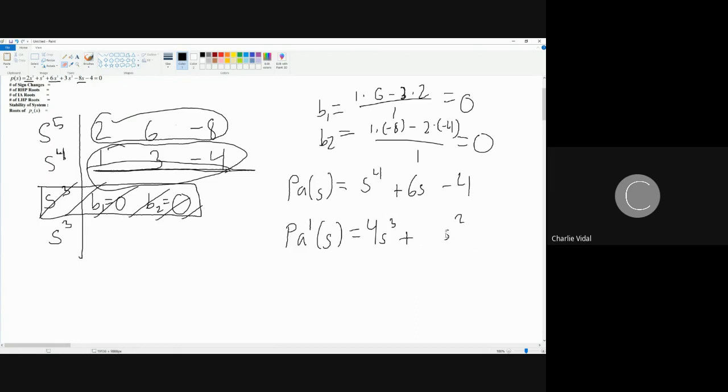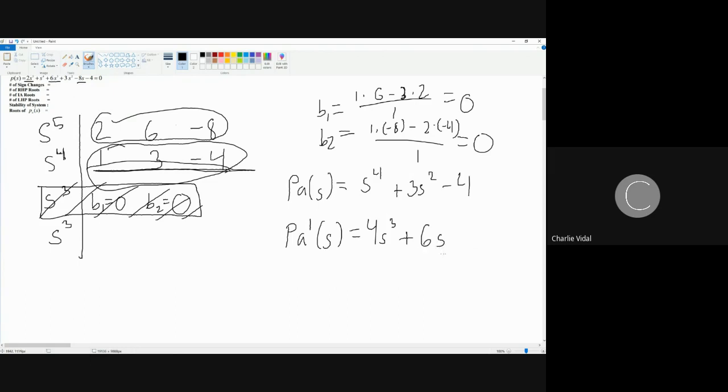Let me just erase all of this, actually. See, another simple thing that you can make a mistake on. Do not make these mistakes on the quiz. Take your time and just do it right. So this is 3s squared. If you take the derivative of that, this is 6s.